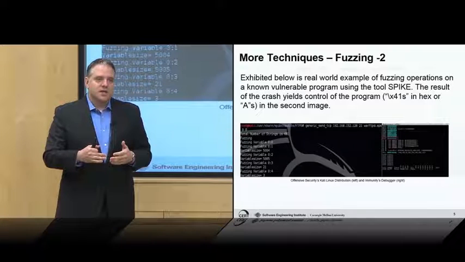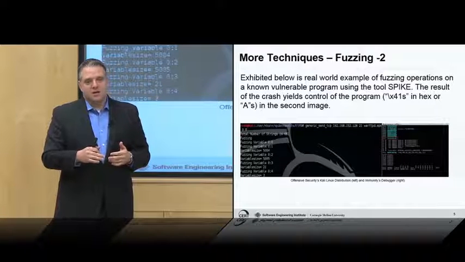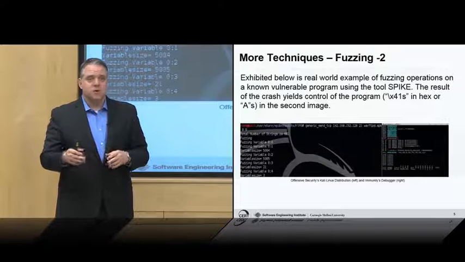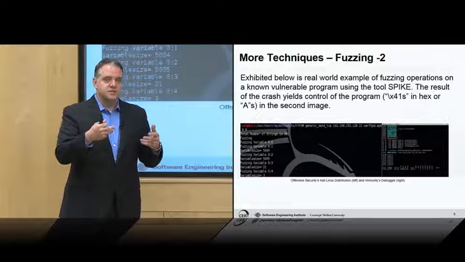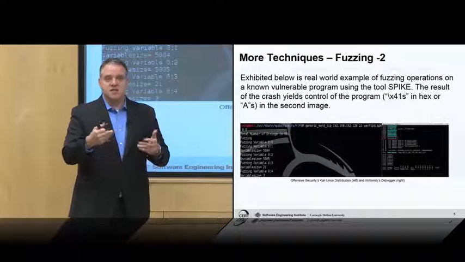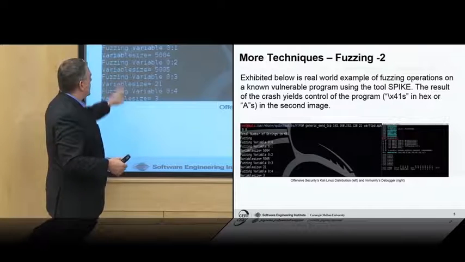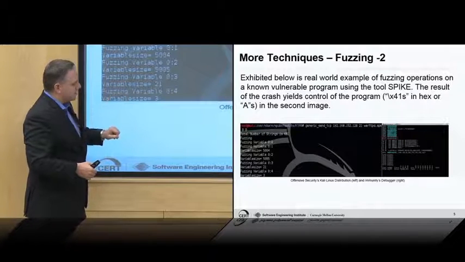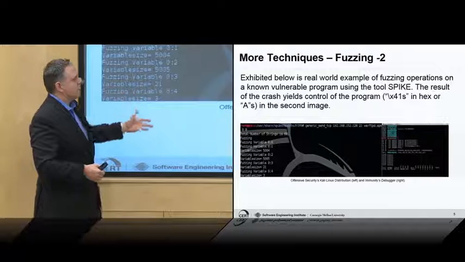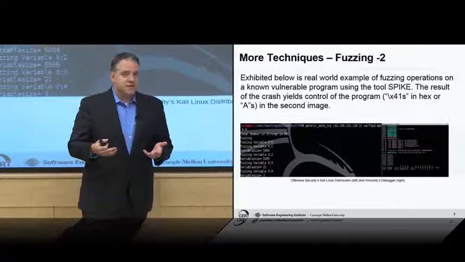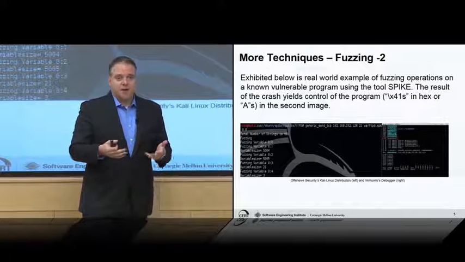And so what we're doing is providing, on the user input string, instead of providing a username, we're providing all sorts of combinations of data just to see if the FTP service will choke on it.